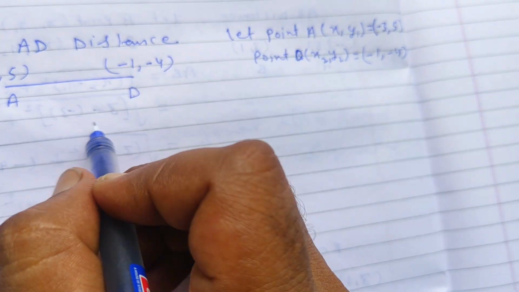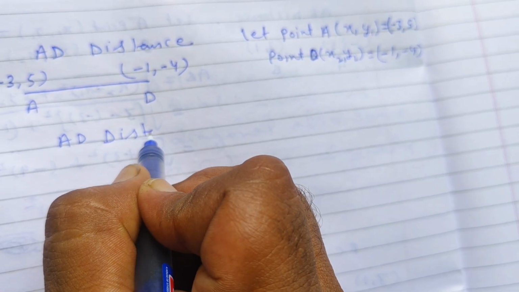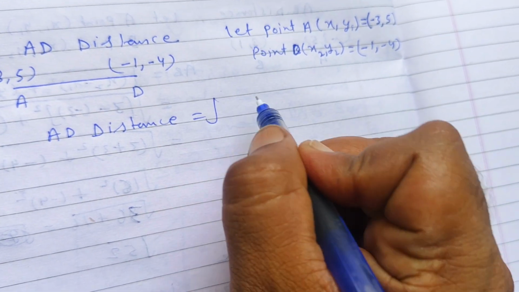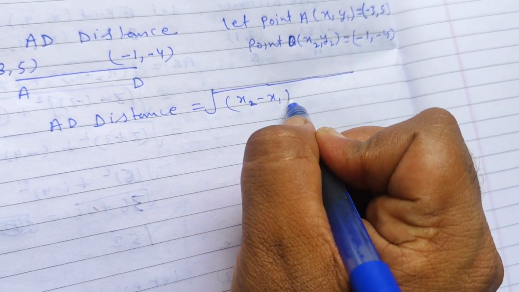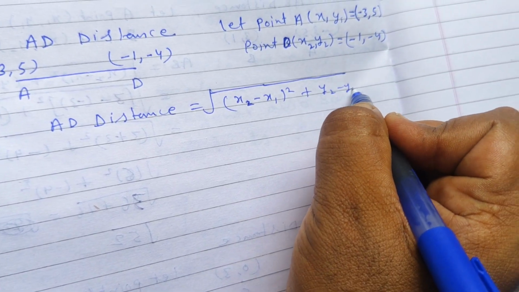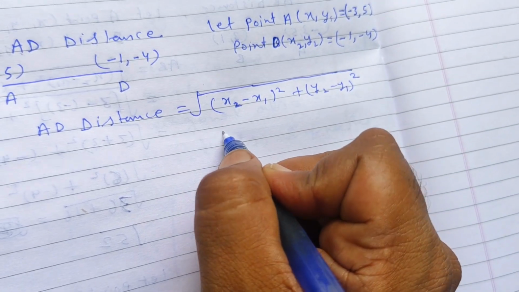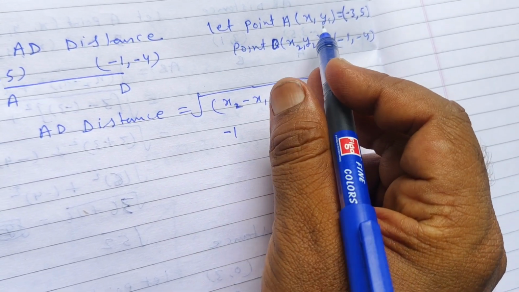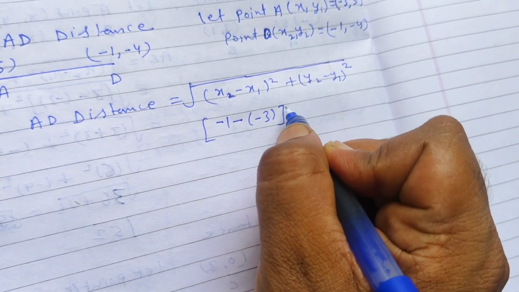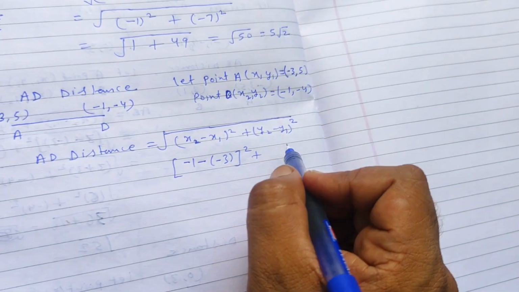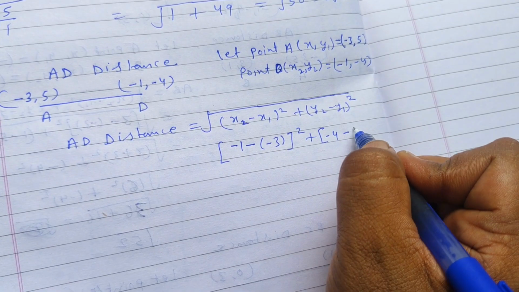So the AD distance is the square root of (x2 minus x1) squared plus (y2 minus y1) squared. x2 is -1, x1 is -3, y2 is -4, y1 is 5.